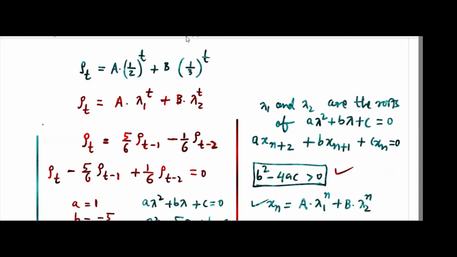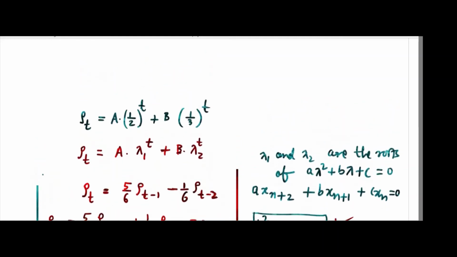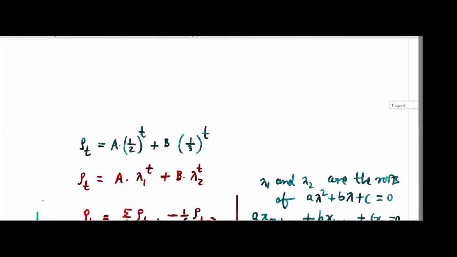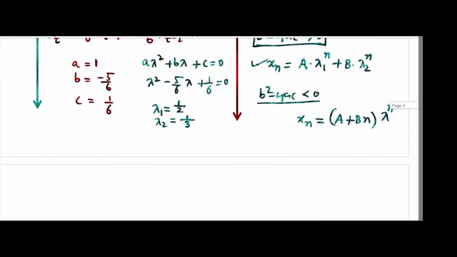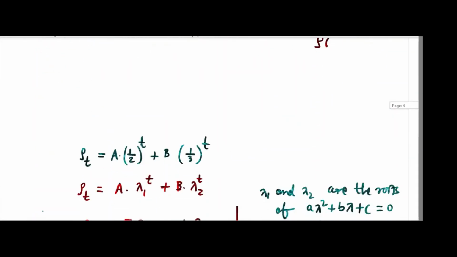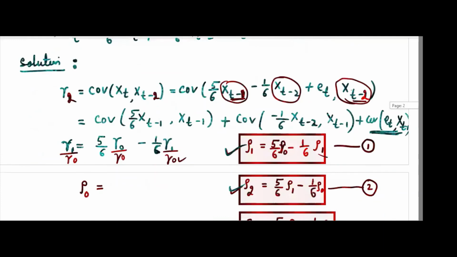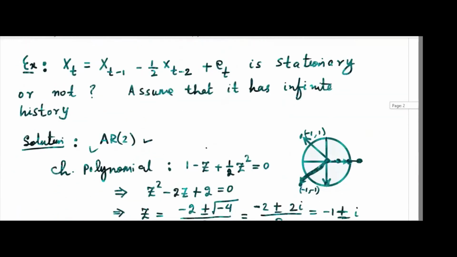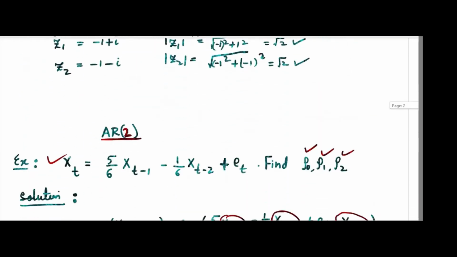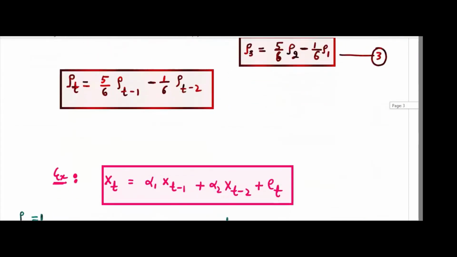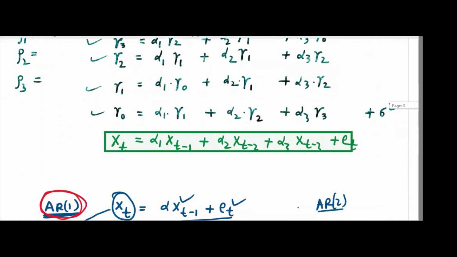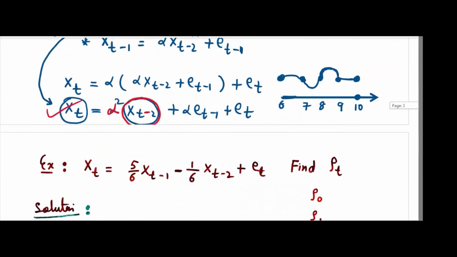then you need to find the value of A and B as well. To find the values of A and B, we'll use the boundary conditions. Like here the boundary condition was x0, here you need boundary conditions. If you check here, already we found the values, we'll use those values. Okay, this is the same question.